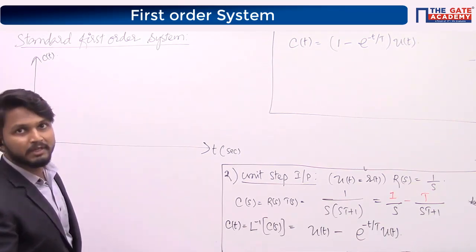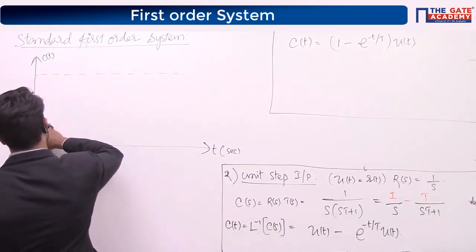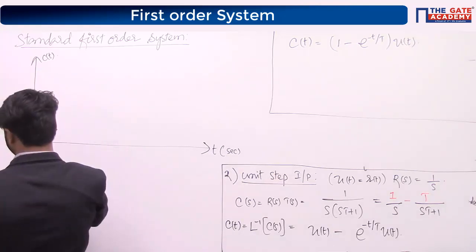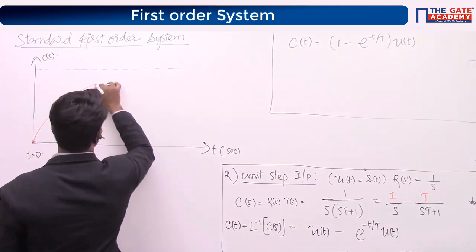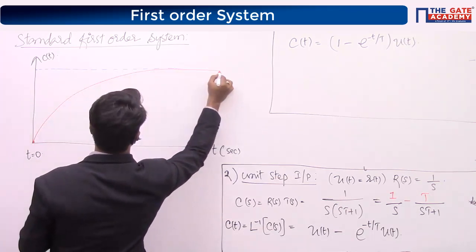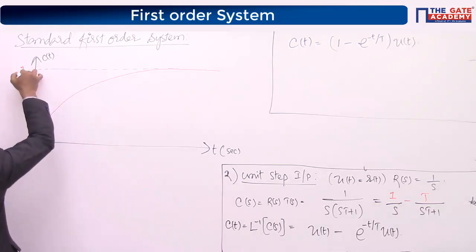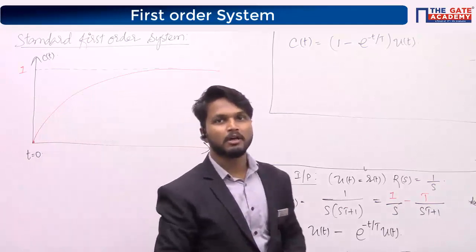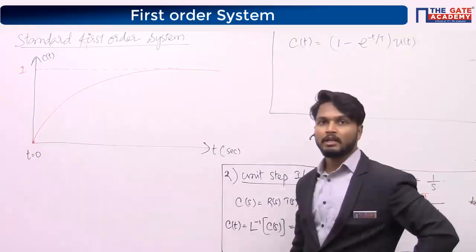As t approaches infinity, the response value is 1, right? Which means the response is going to reach 1 like this. Exponentially, it will start at t is equal to 0 and slowly it will reach this 1 finally, right? So this is the response of your standard first order system for a unit step input.